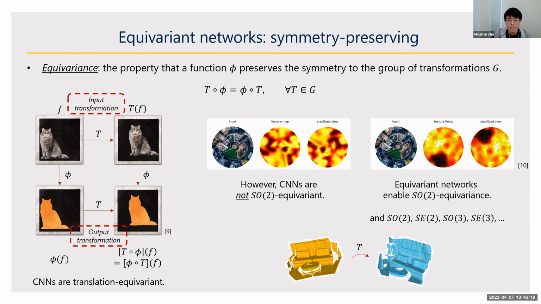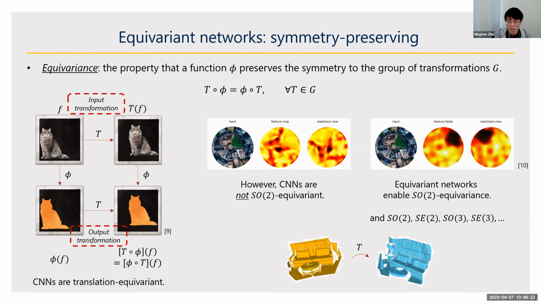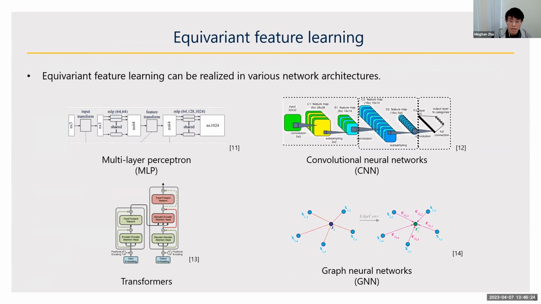So this is a big picture of what equivariant models are. And in this talk, I will present how we can construct such equivariant models. Actually, equivariant models can be constructed from various network architectures that the typical deep learning community uses today, for example, the multi-layer perceptron, convolutional neural networks, transformers, and graph neural networks.